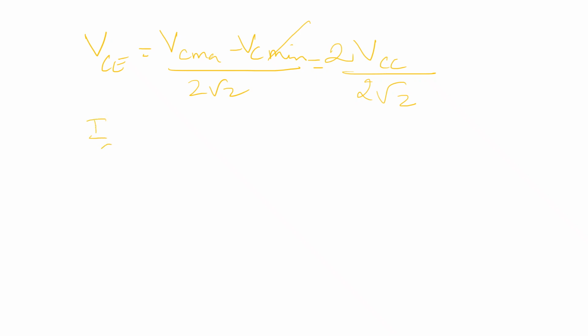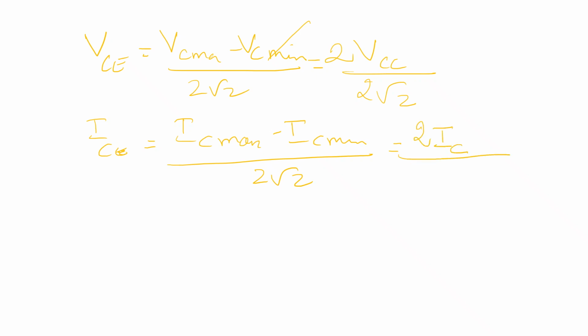The IC current is equal to IC max minus IC minimum divided by 2 root 2. In a transformer coupled amplifier, the IC max value will be equal to 2 times IC, and IC minimum is 0, divided by 2 root 2.